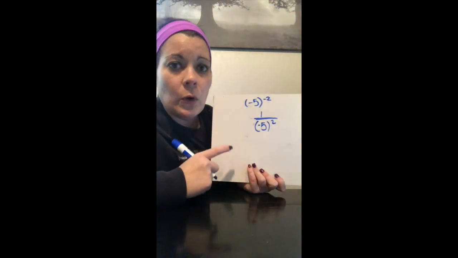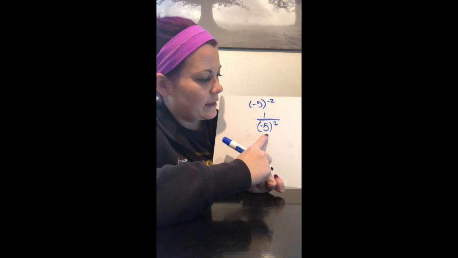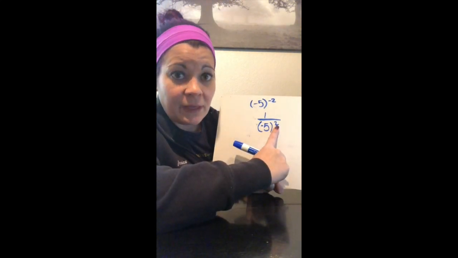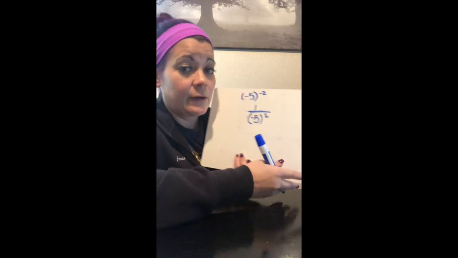So to change that negative exponent to a positive, you put it as a fraction and you put that as a denominator, and now that exponent becomes a positive. So we have 1 over negative 5 to the second power. And now we can simplify it even more.